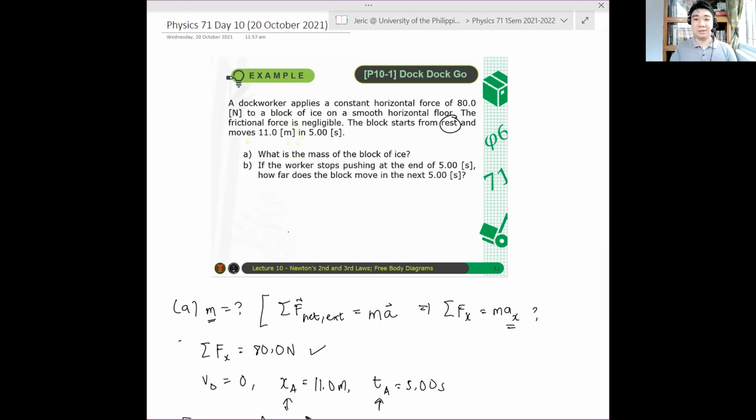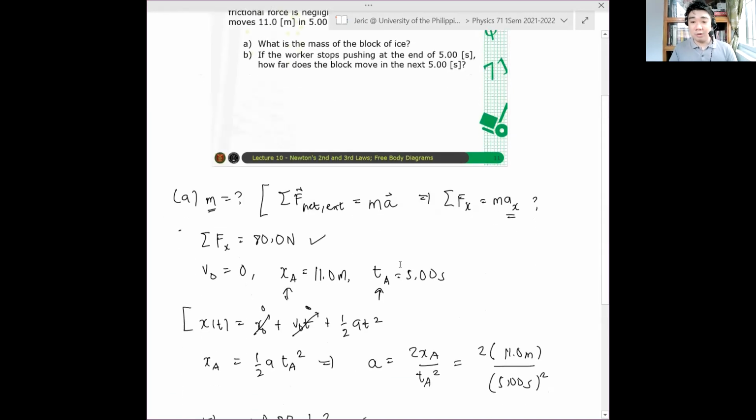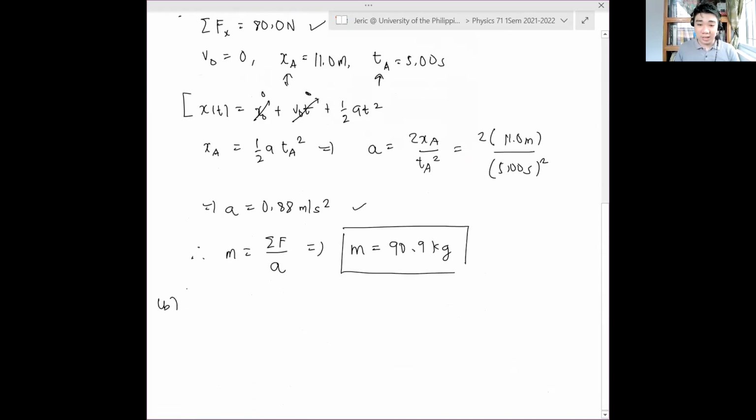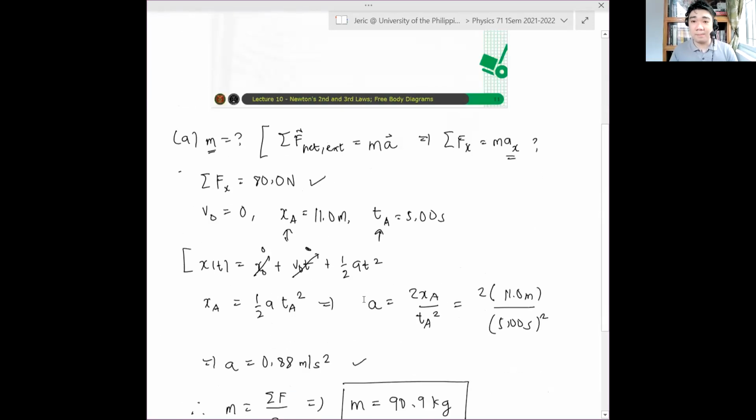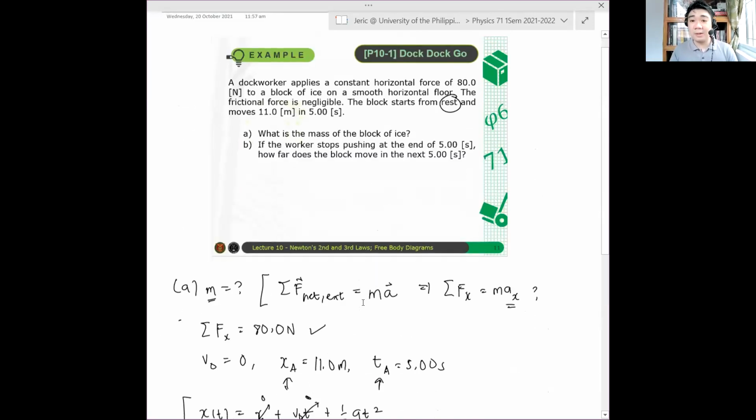What will happen is it will continue in motion with constant velocity along a straight line by Newton's first law, di ba? So since F equals 0 after TA, then the block of ice moves with constant velocity.